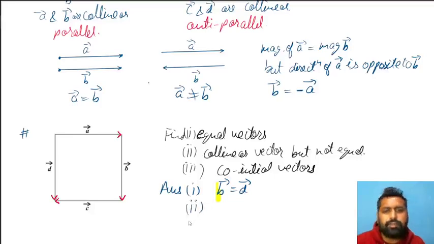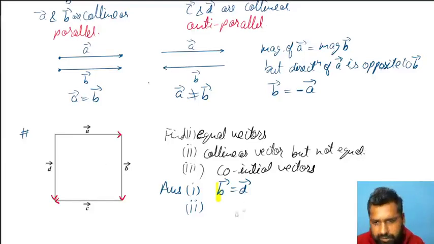Next we have to talk about collinear vectors, meaning they can be parallel or anti-parallel but not equal. So that means they should have same direction or opposite direction. Collinear but not equal. Collinear means parallel or anti-parallel, both. Okay, let's see. So which two vectors are parallel?